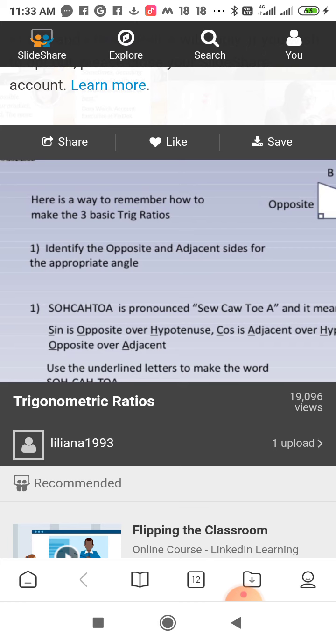Here is a way to remember how to make the three basic trigonometric ratios.